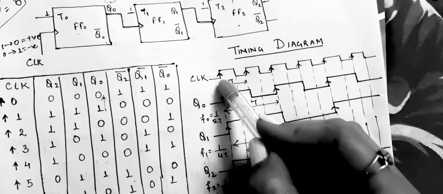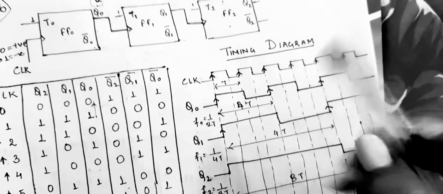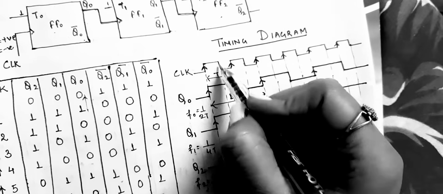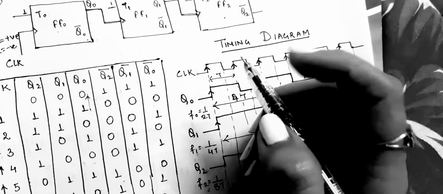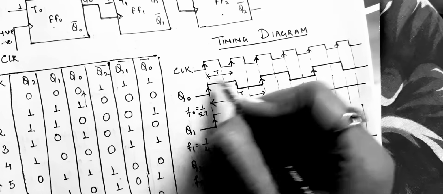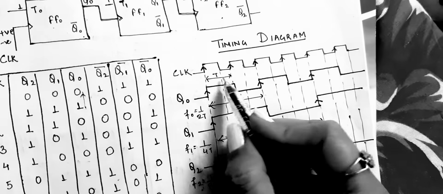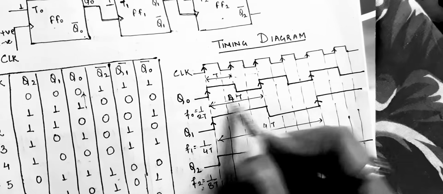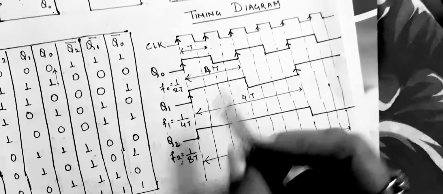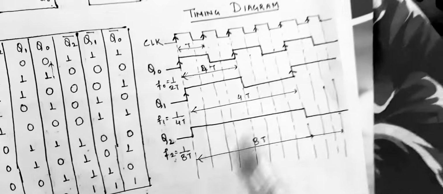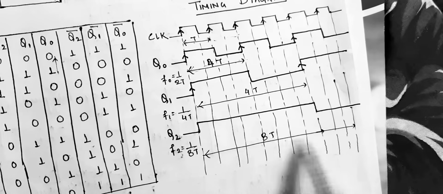Clear? So here we can see that this is a time period T, because one cycle completes over here for the clock pulse. So this is your time period T. For Q0, it will be twice T, this T plus this T, that is 2T. After that it will be 4T, and for Q2 it will be 8T.